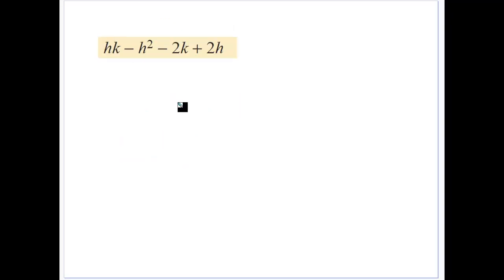We see it in this example as well. Again, we look at grouping in pairs, we get the h out there, that leaves us k minus h. And if we look here, we've got a minus 2 and a plus 2. If I factorize the minus 2 out, that's going to leave us the positive k, because minus 2 times k gives us minus 2k.